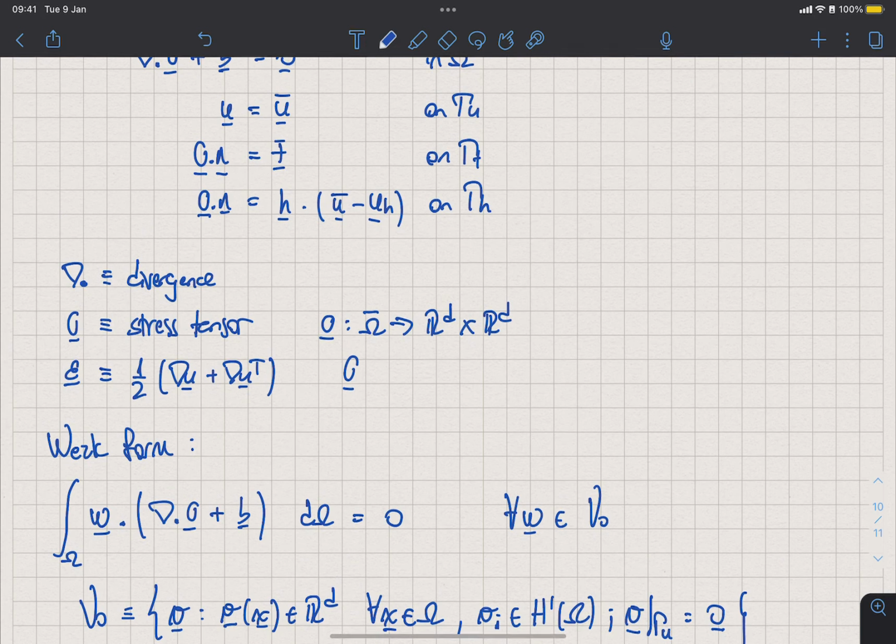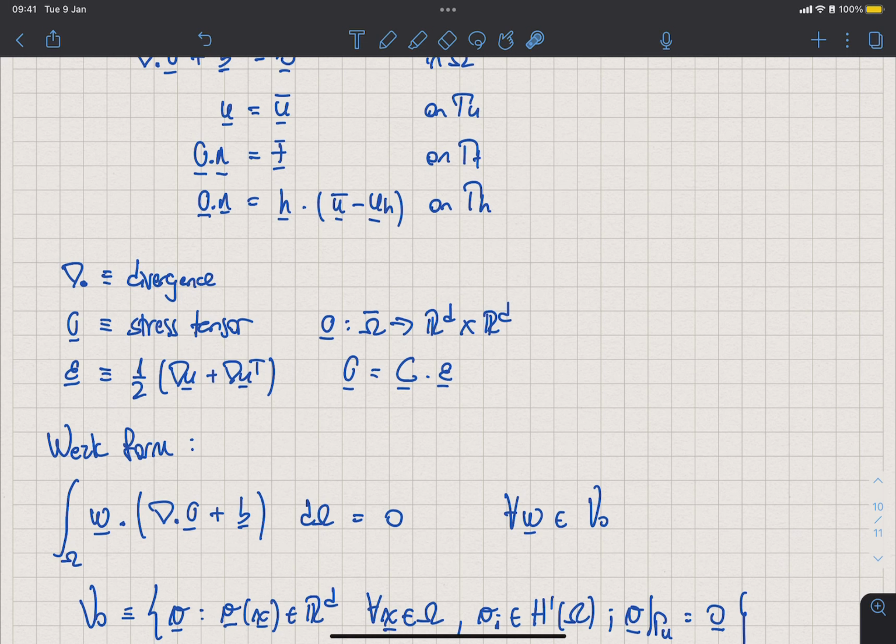So stress is basically linked to strain using a fourth order tensor, right? So this is Hooke's law. And therefore, what you can see here is that strain has also the derivative. So I'm basically applying the gradient. The grad U is basically the gradient of the displacement field, and the gradient of a vector field is a tensor.